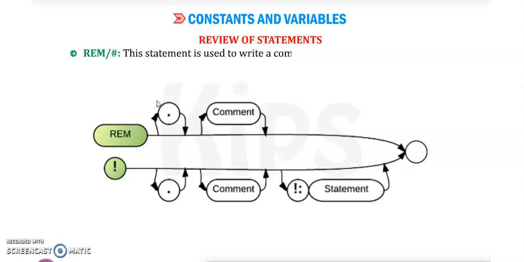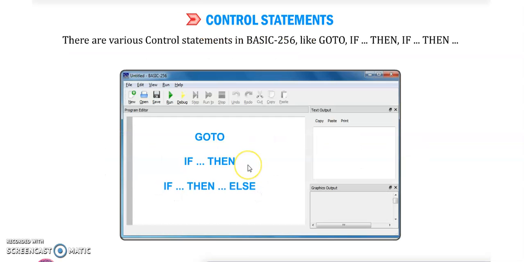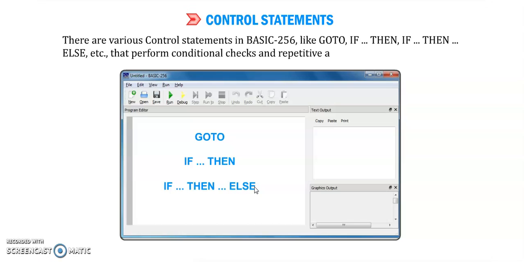In such conditions, the task can be performed by the use of control statements. Due to their capability of making decisions in runtime, they play a very important role in programming. There are various control statements in BASIC-256 like goto and if then else, that perform conditional checks and repetitive actions.